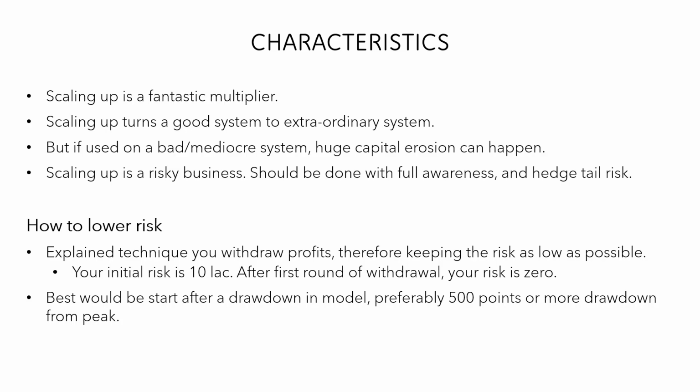But having said that, you should be aware that there is always a tail risk, so always hedge a tail risk. One way you can hedge your tail risk, let's say there is a circuit on the downside or on the upside, is this: 700 to 1000 points away, if Nifty is trading at 17,000 now, buy a call of 18,000 and buy a put of 16,000 all the time.